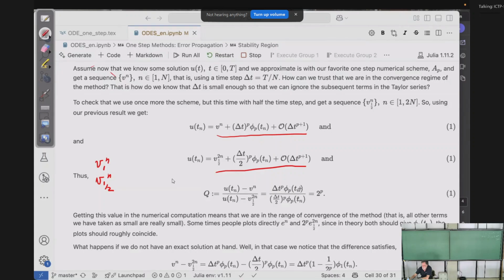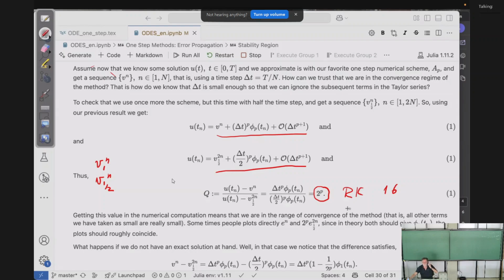This phi is the same, so you cancel them, and you get 2 to the p. For instance, if your method is fourth order, this is 2 to the 4, which is 2, 4, 8, 16. So for Runge-Kutta 4, this number should be 16.